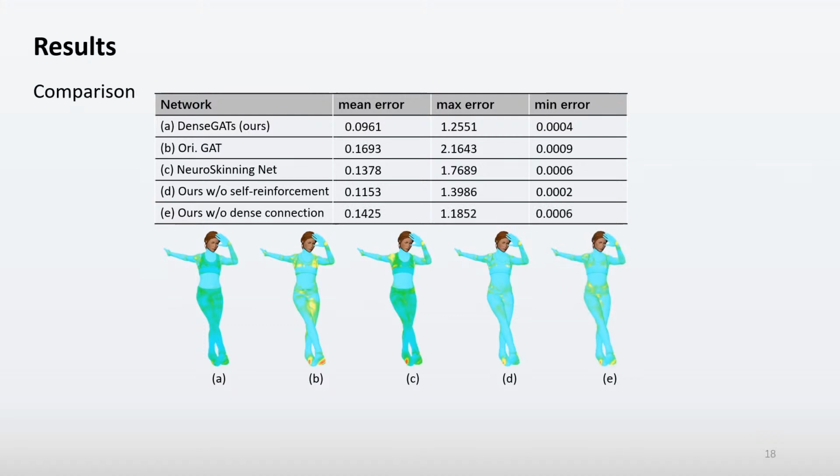In contrast, with our proposed network, the best prediction result can be obtained thanks to the operations of self-reinforcement and dense propagation. For such an example character, the timing for approximation with our method is about 31 milliseconds per frame.